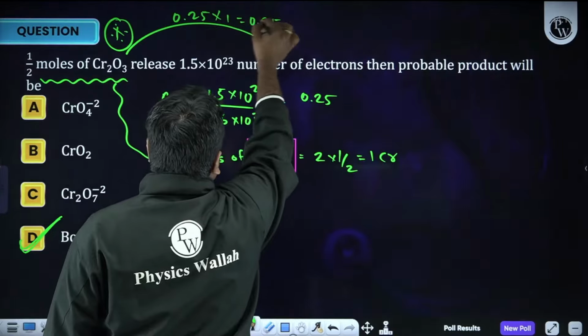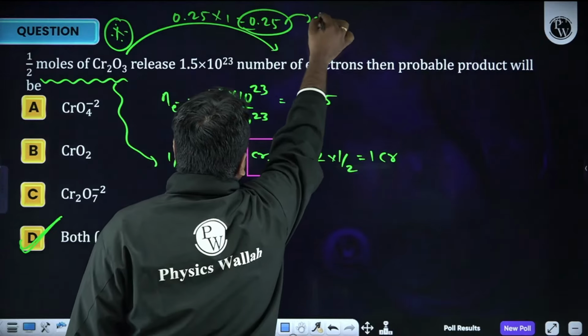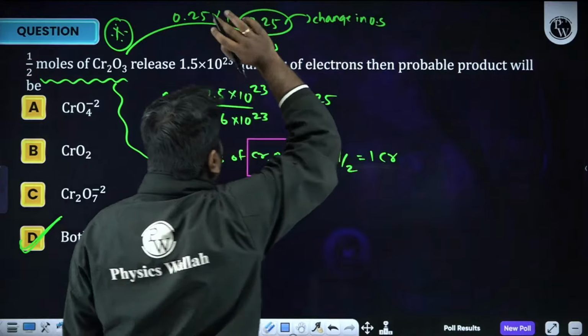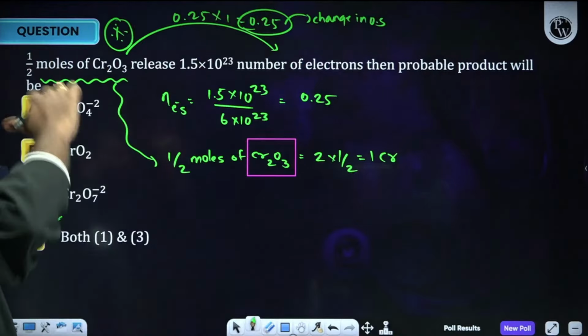So 0.25 is the change in oxidation state.